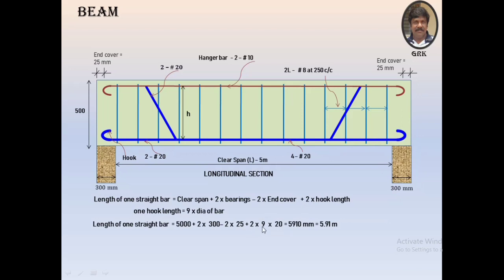So 2 times 9 times the diameter of the bar we have used. It's 20 mm, so 2 into 9 into 20. Totally the length works out to be 5910 mm, which is equal to 5.91 meters.